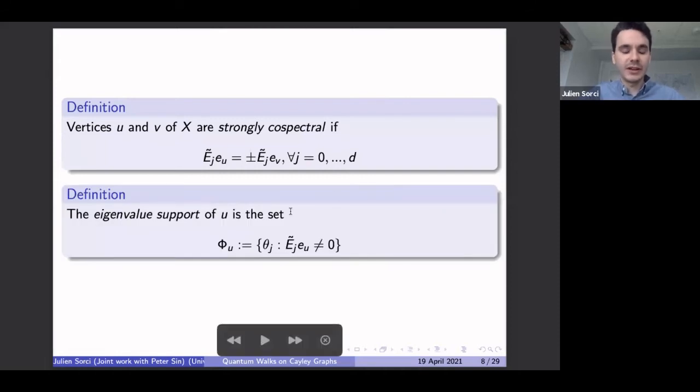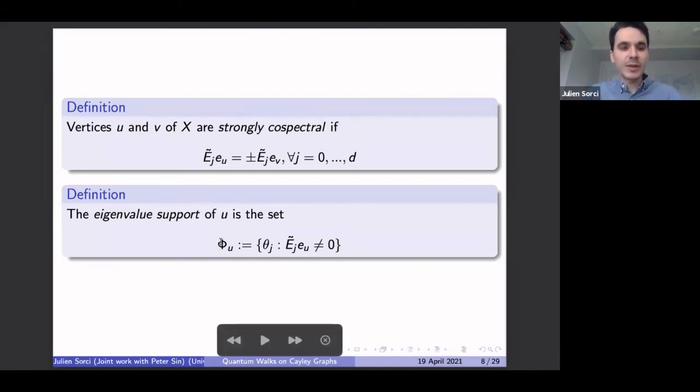It turns out the notion is the eigenvalue support of your vertex u, which is the set of eigenvalues theta sub j where the corresponding projection has its uth column being non-zero. And so when I said for most j in the previous slide, what I really should have said is all those j's whose corresponding eigenvalue lies in the eigenvalue support of u.